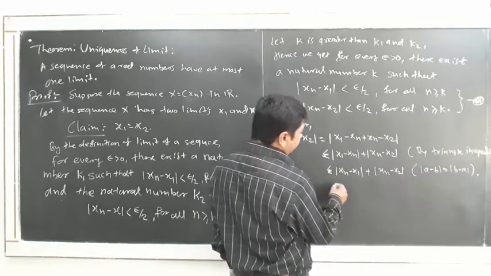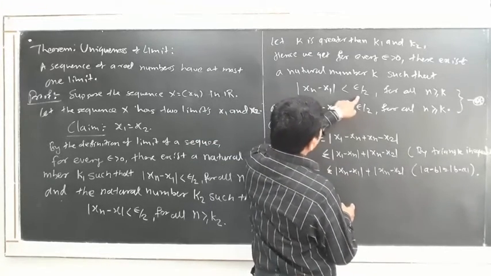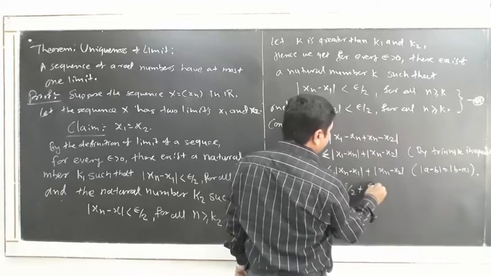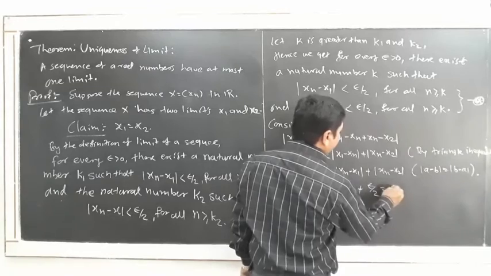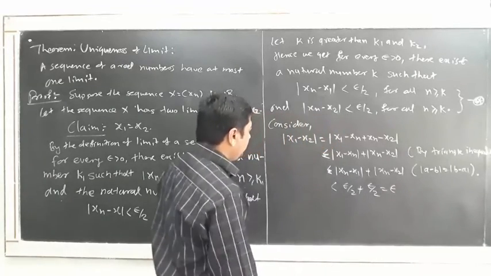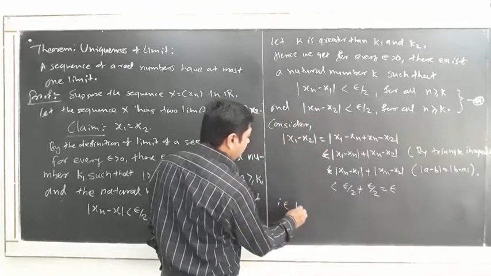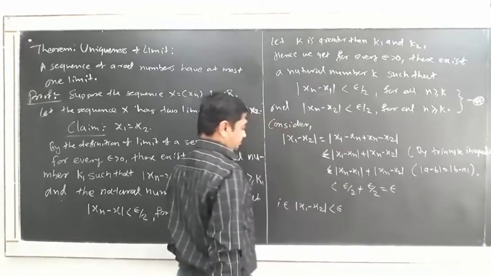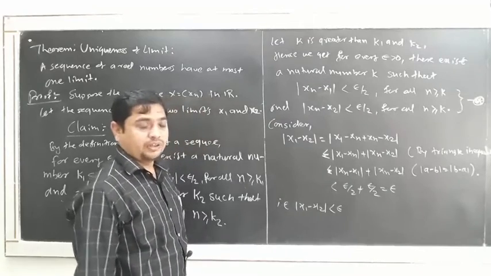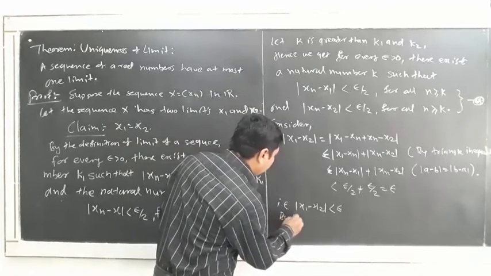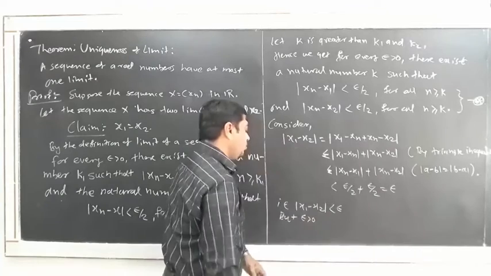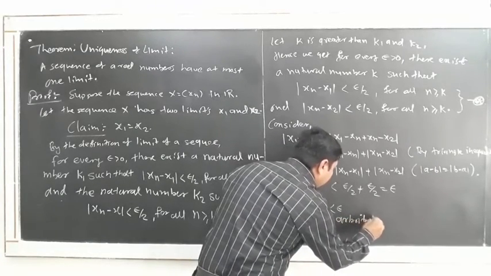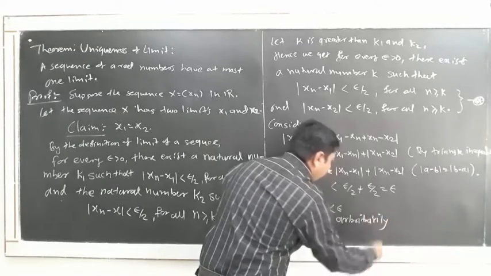Then this is strictly less than epsilon by 2, and this is also strictly less than epsilon by 2, which is equal to epsilon. That is, mod of x1 minus x2 is less than epsilon. But epsilon greater than 0 is arbitrarily small.